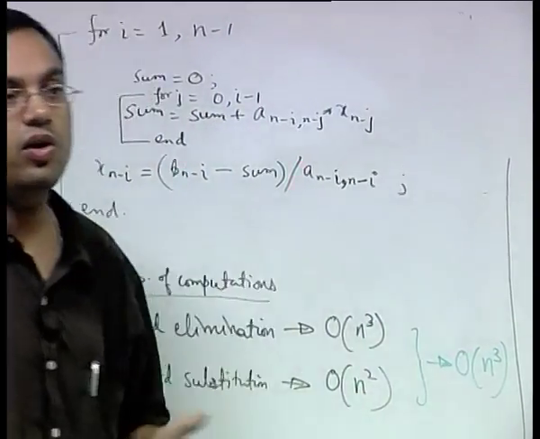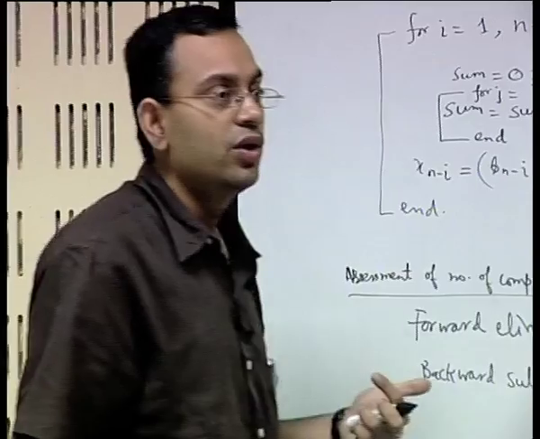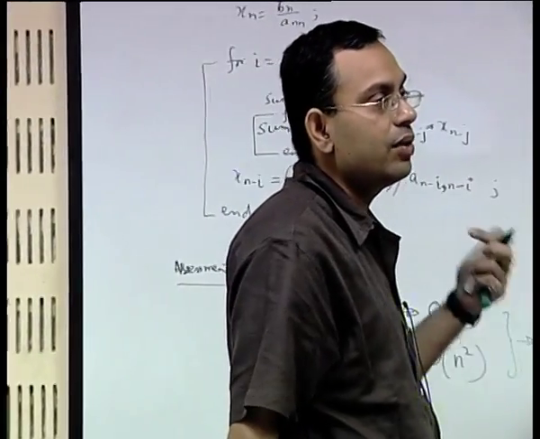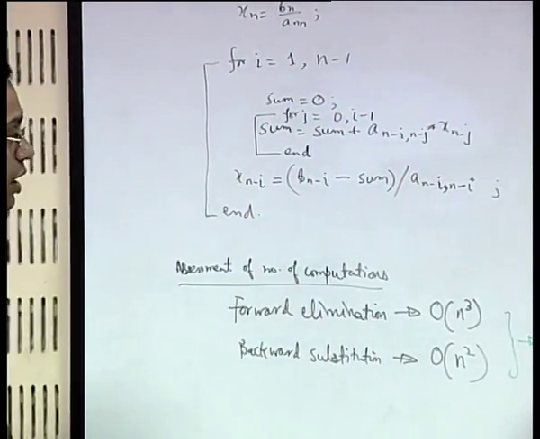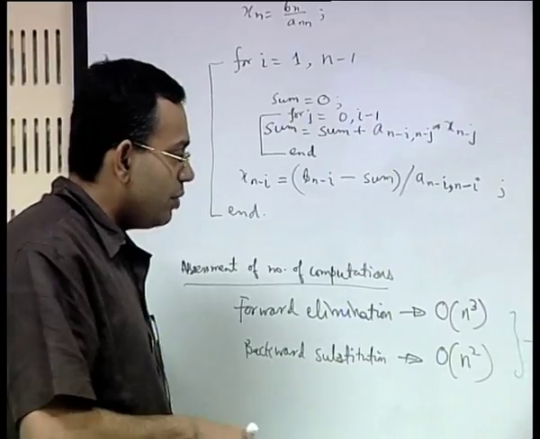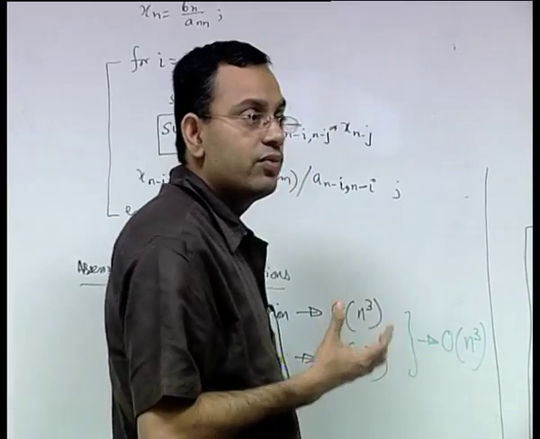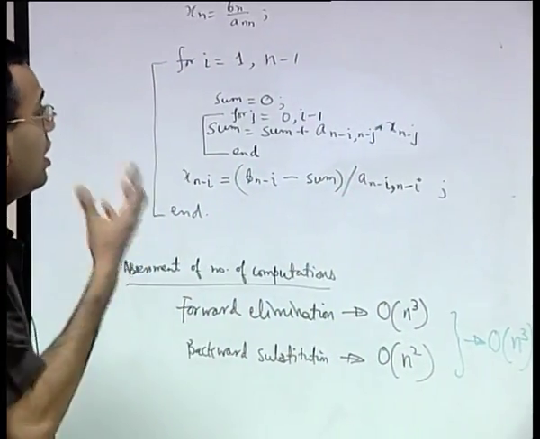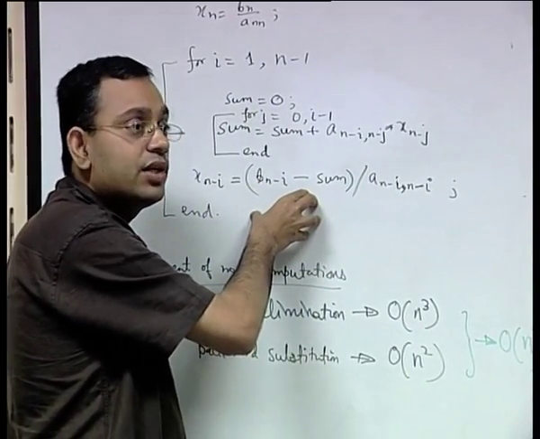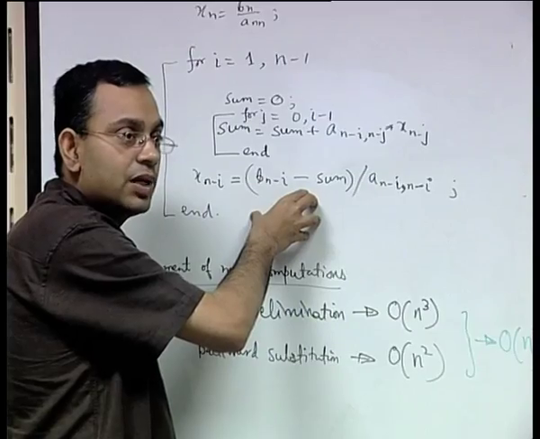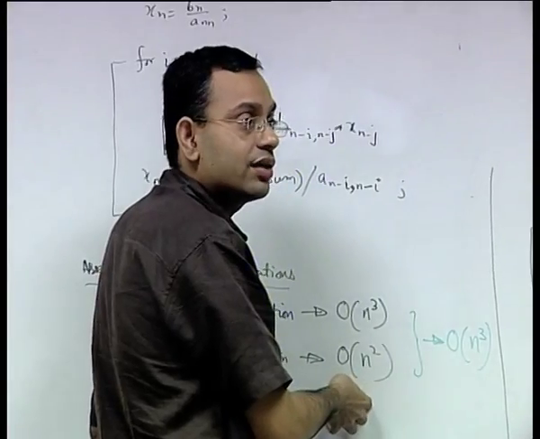So we say that for Gaussian elimination the number of calculations is of the order of n cube, where n is the number of variables and the number of equations that you have. Now when we do this assessment, we learn a moral out of it. What is the moral? The moral is that if you could have the step only as the backward substitution like step, then you could have reduced the order of calculations from n cube to n square.